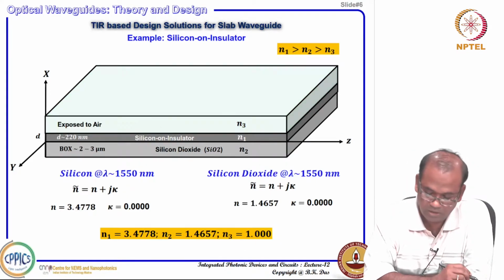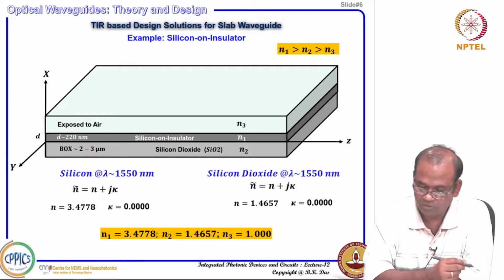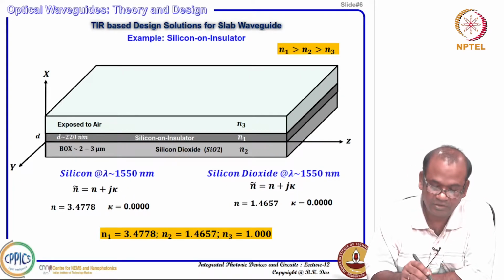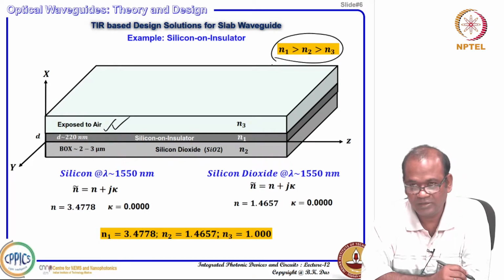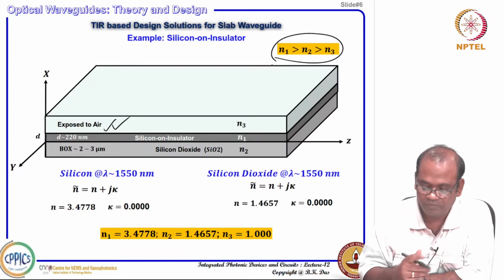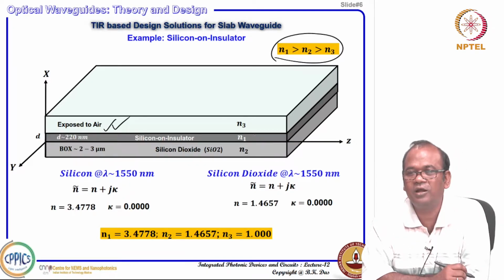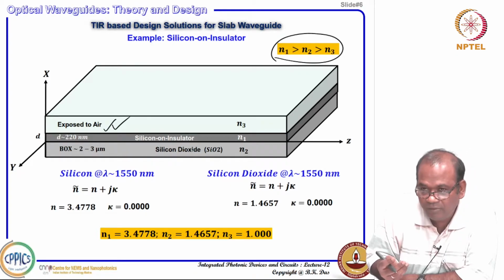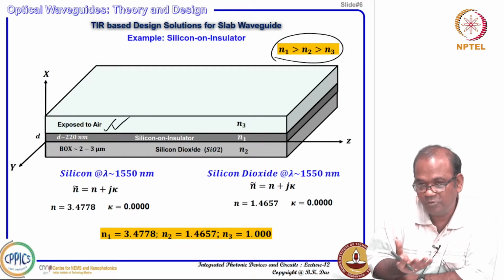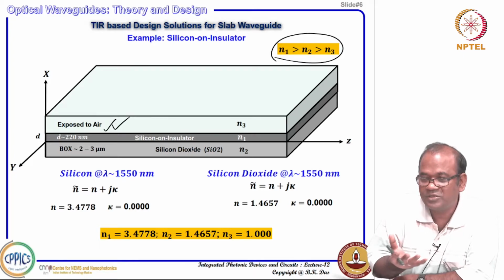Cool. Now, I just come back to the case where the top layer is exposed to air completely, then, as I mentioned, N1 is greater than N2 and greater than N3. For some calculation purposes, we will be considering this type of asymmetric planar waveguide structure whenever necessary. For the symmetric case, most of the time whenever you are fabricating a photonic circuit, the top layer will be oxide coated.